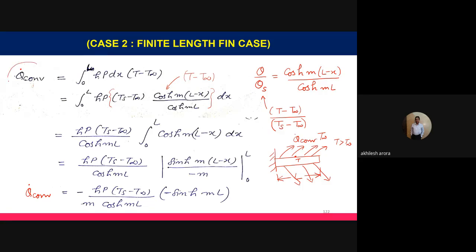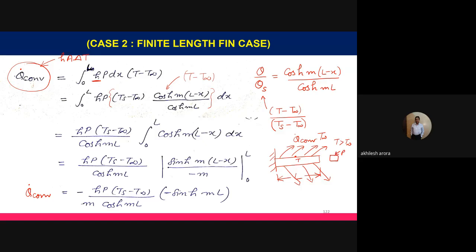To calculate the total convection heat loss, you know that the convection is given by h A delta T. So this is h. Now the area responsible for the convective heat transfer, if I say that this is a rectangular or square cross section, this is the perimeter, this is the side view.